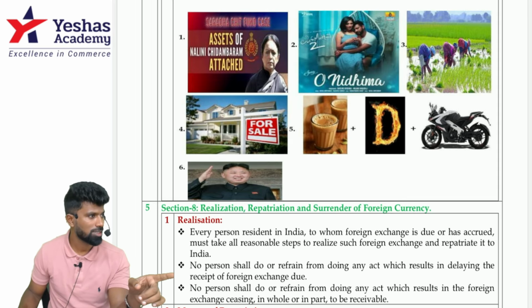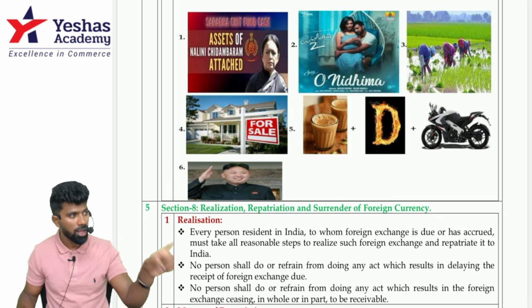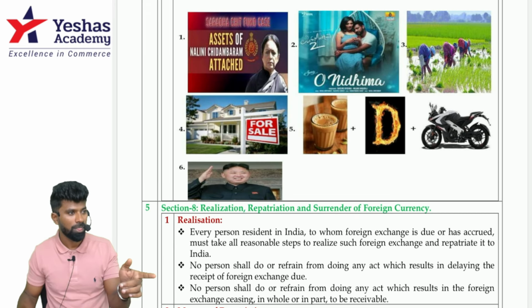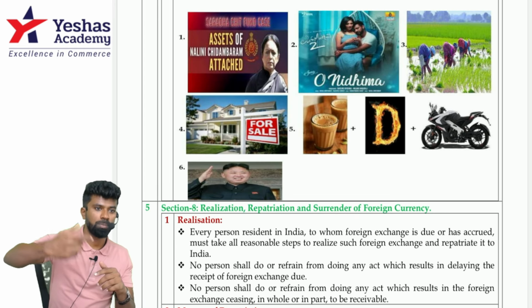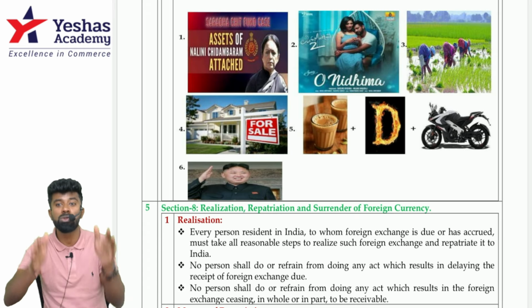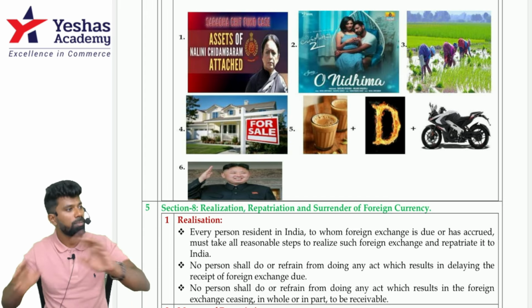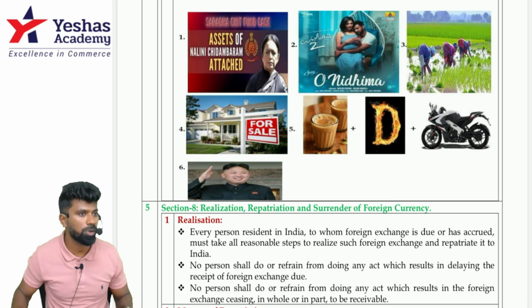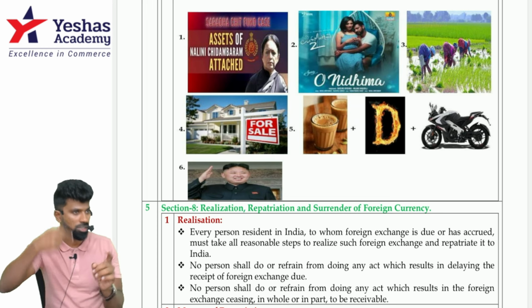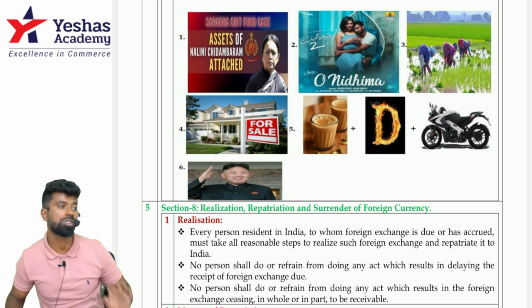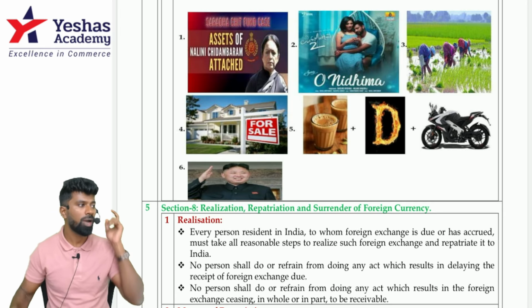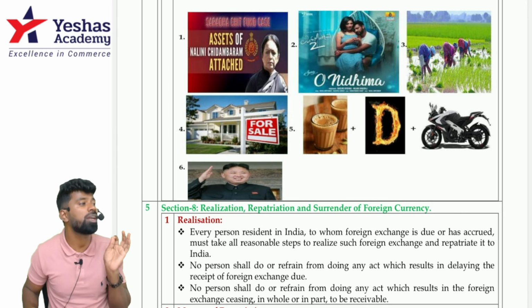In that, first we discussed Section 6, the definition of capital account transaction. Then Section 6, subsection 5, which provides capital account transactions for a person resident in India and a person resident outside India which can be done without RBI's approval. Then we discussed permitted capital account transactions, and prohibited capital account transactions.